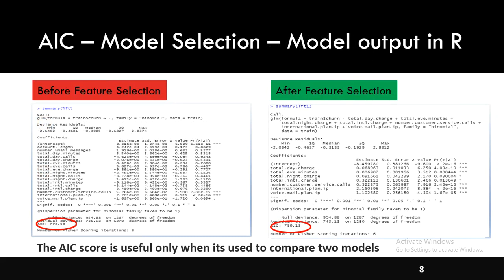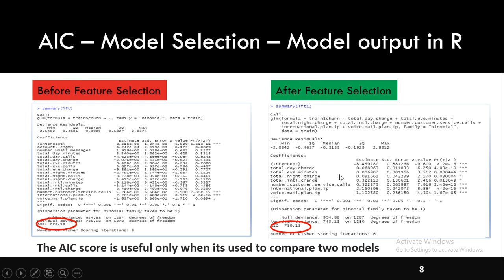What you see here is the logistic regression model output which was fitted in R. In this case, all the independent variables from the given data set are used. For this model, the AIC value is 770.58.